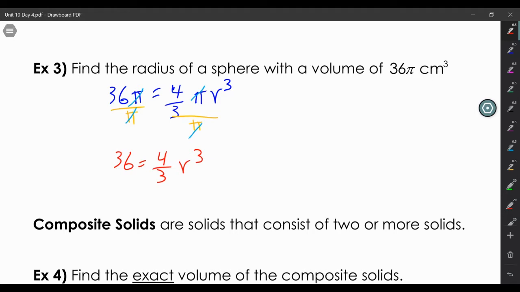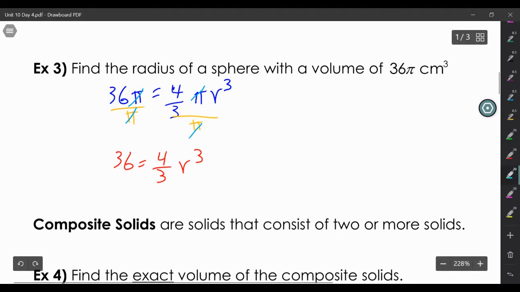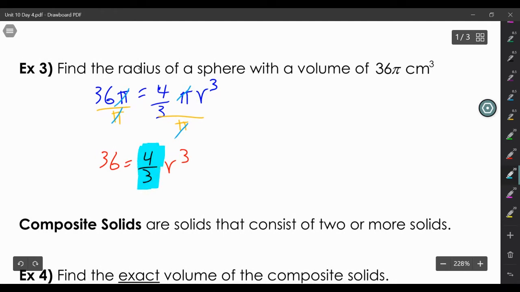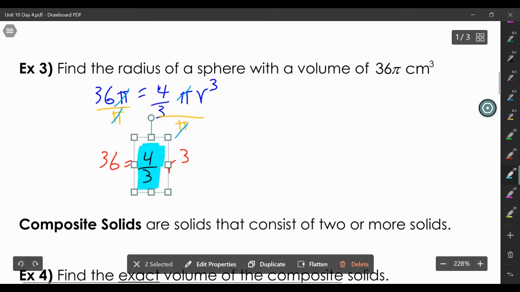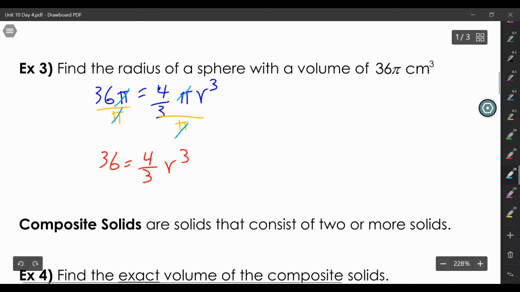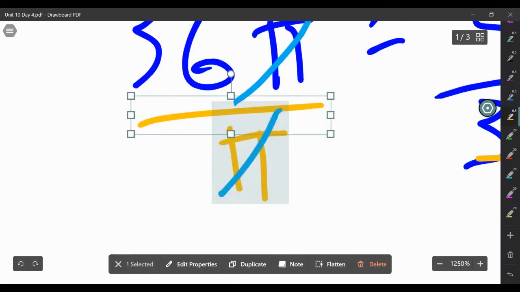At this point, you could do a couple things. You could multiply by the reciprocal of 4 thirds, and that would get everything done in one step. Or you could multiply both sides by 3 and then divide by 4 afterwards. It doesn't matter which way you do this. This time, I'll do it the slightly longer way.